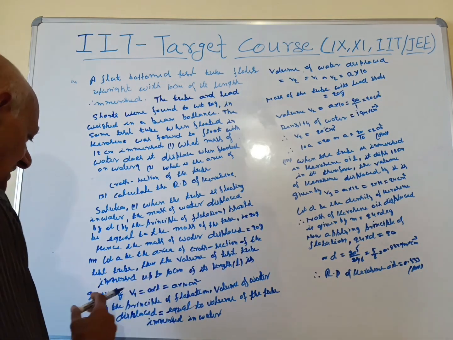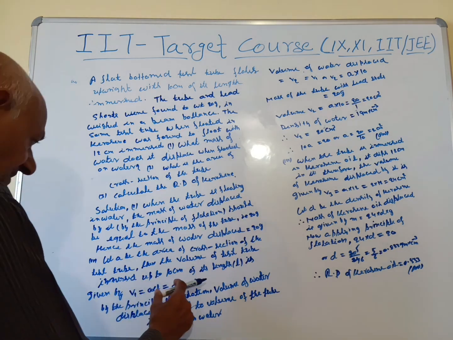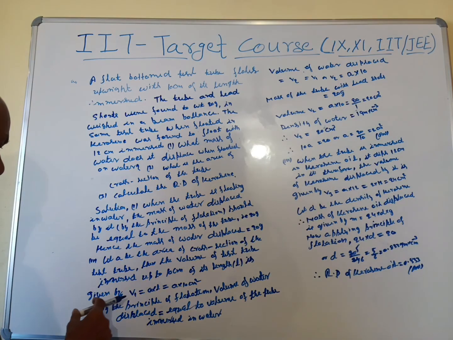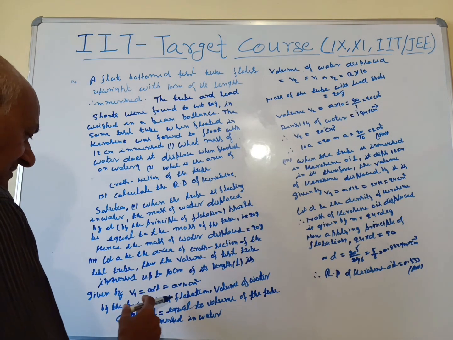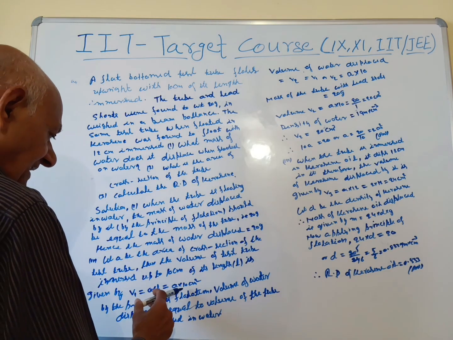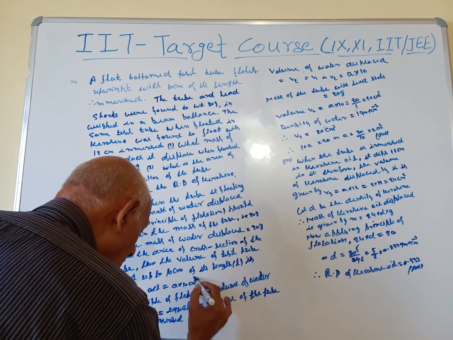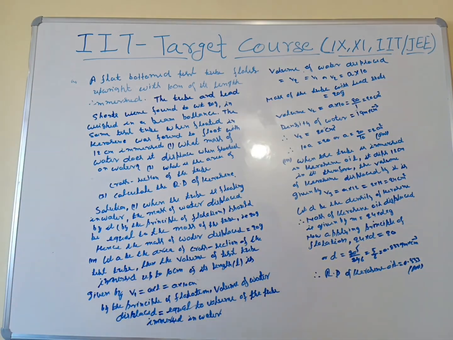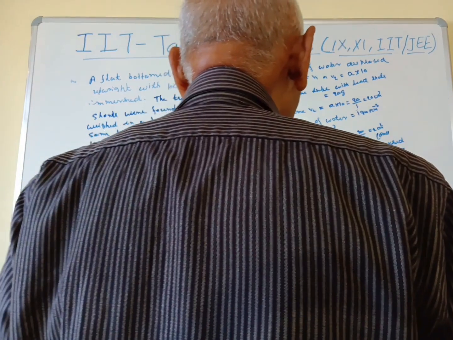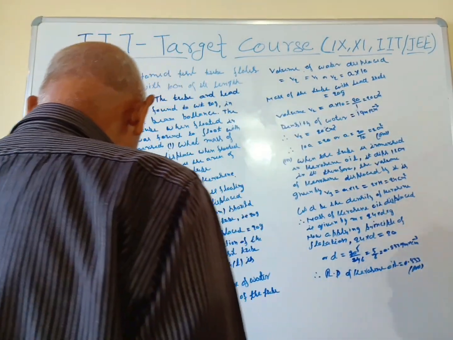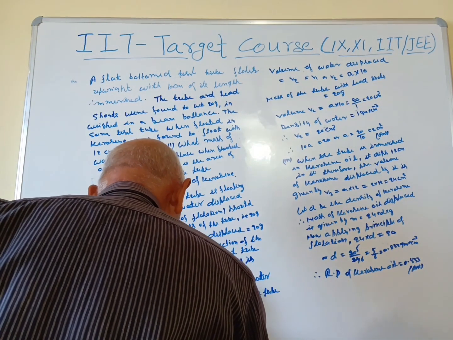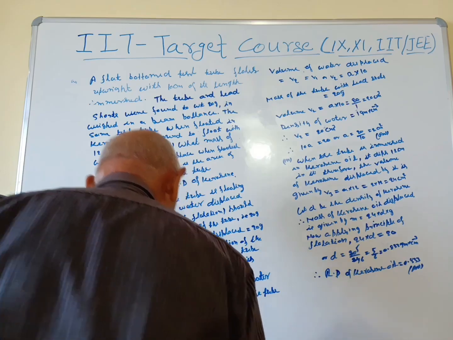Then the volume of the test tube immersed up to 10 centimeter of its length L is given by V1 equal to area of cross section into length, equal to A into 10 cubic centimeter.